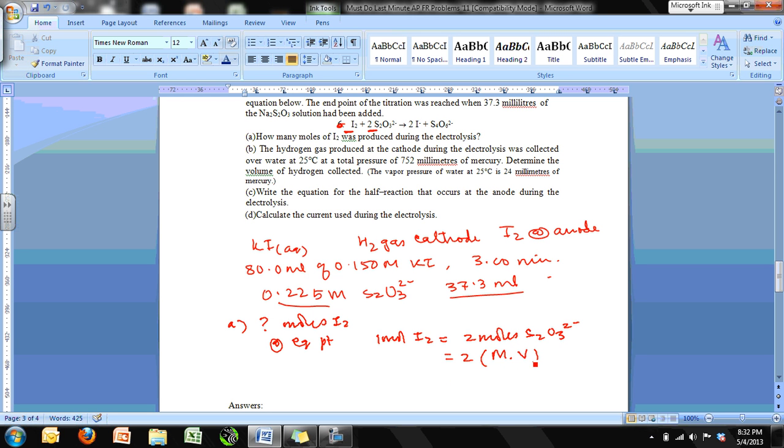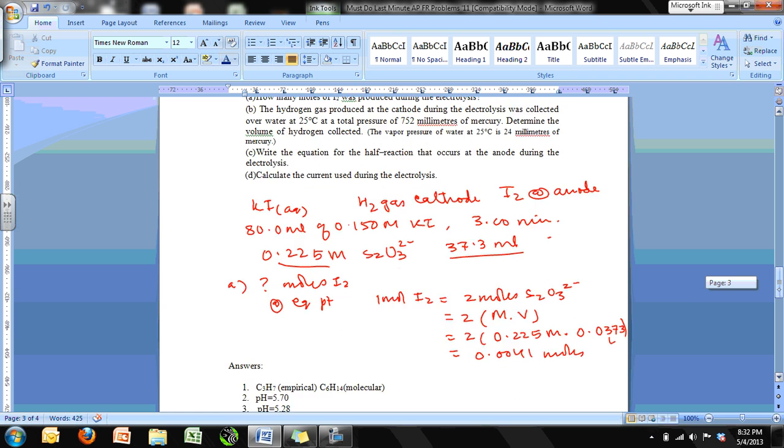Molarity times volume. So 2 times, how much is molarity? 0.225 molar times 0.0373 liters, and that gives you the value of I2 as 0.0041 moles, or 4.1 times 10 power negative 3 moles.